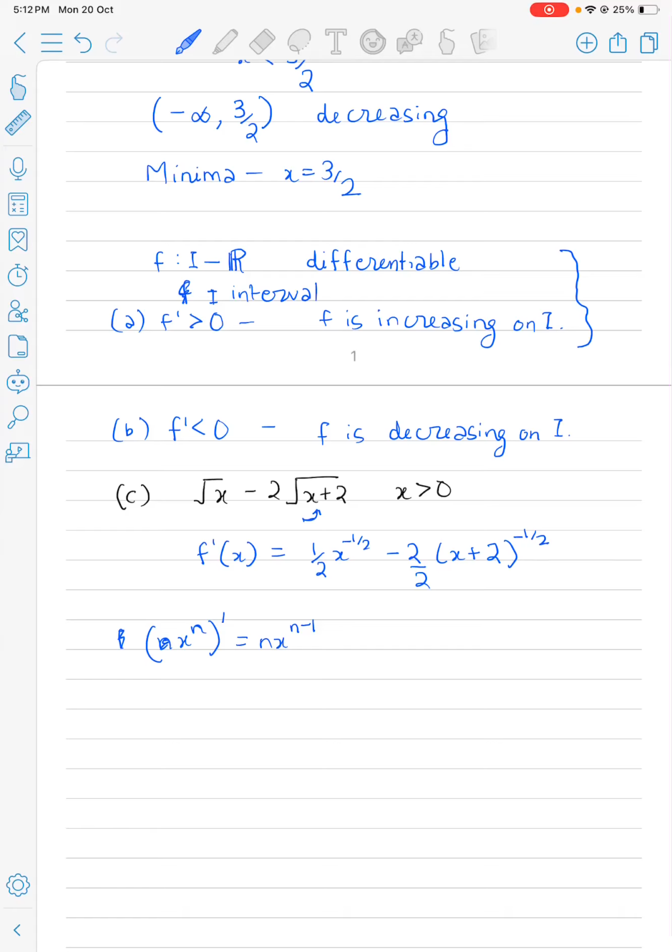Okay. So let's see. f'(x) is equal to half x to the power minus half minus x plus 2 to the power minus half. Okay.